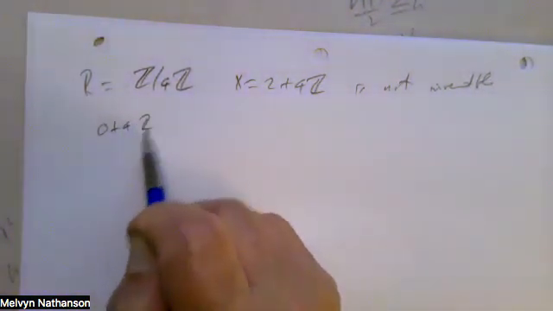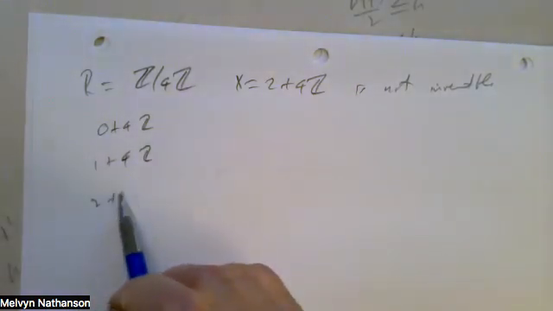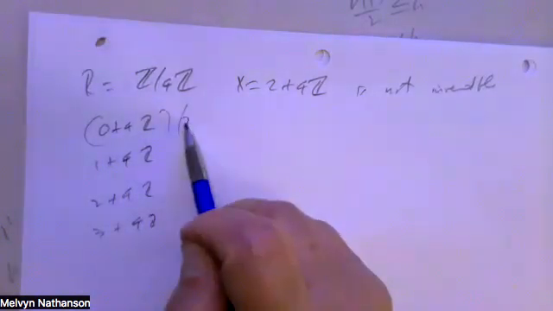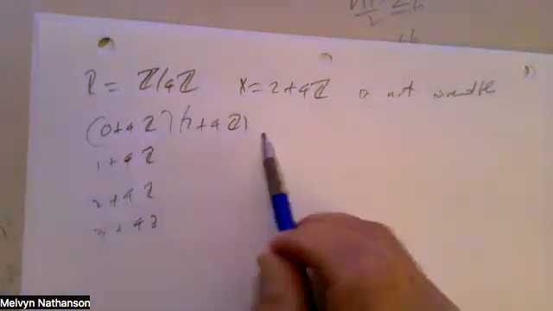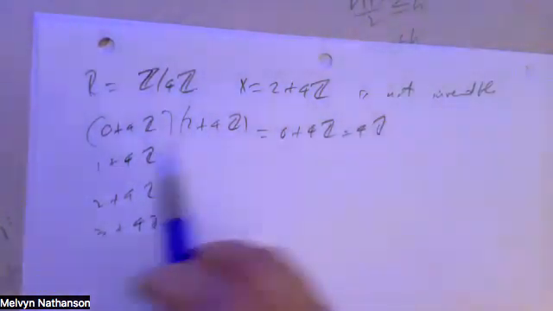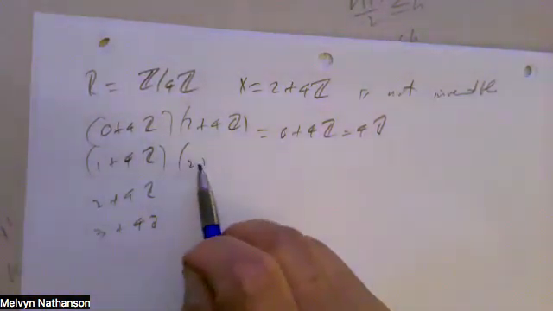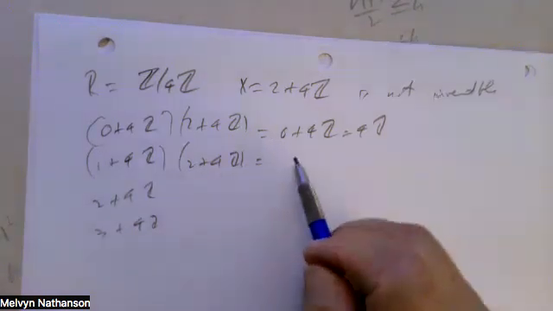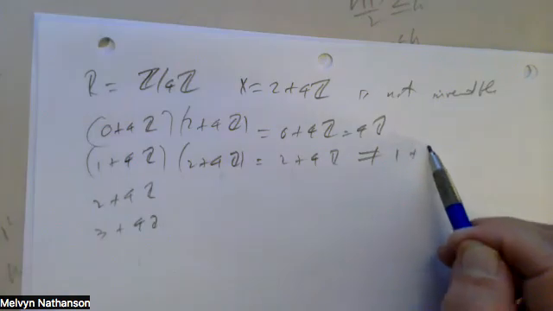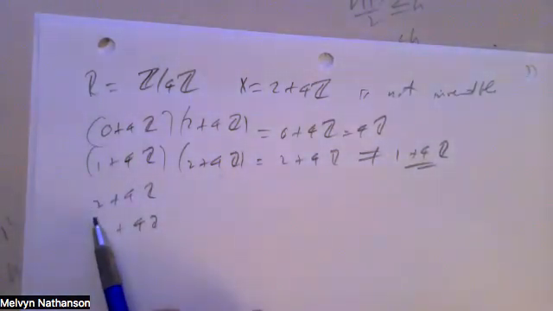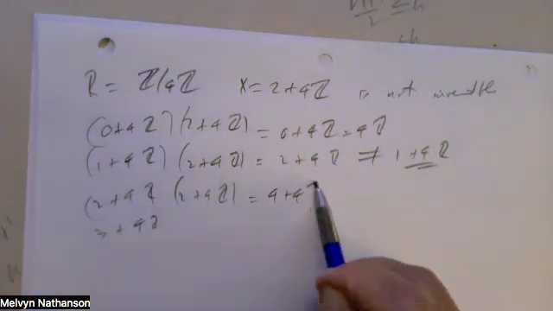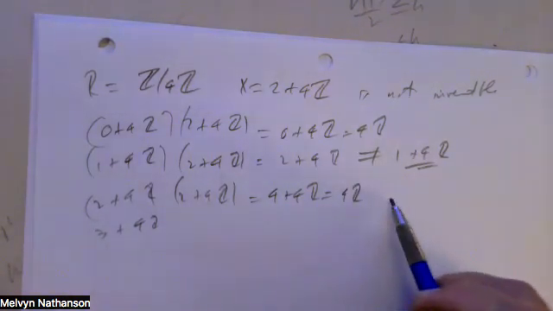You have 0 plus 4Z, 1 plus 4Z, 2 plus 4Z, 3 plus 4Z. If you multiply this by 2 plus 4Z, you just get 0 plus 4Z. If you multiply 1 plus 4Z by 2 plus 4Z, you get 2 plus 4Z. It's not 1 plus 4Z, which is the unit.